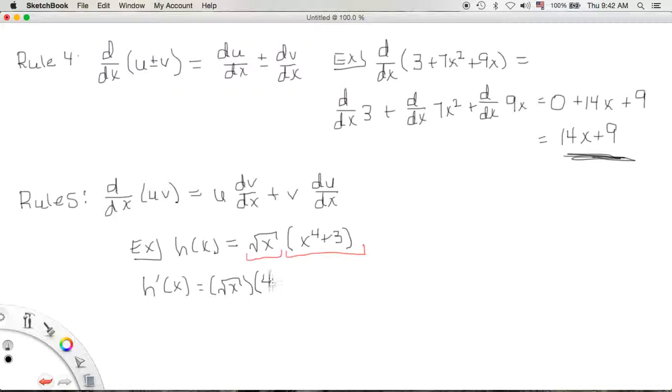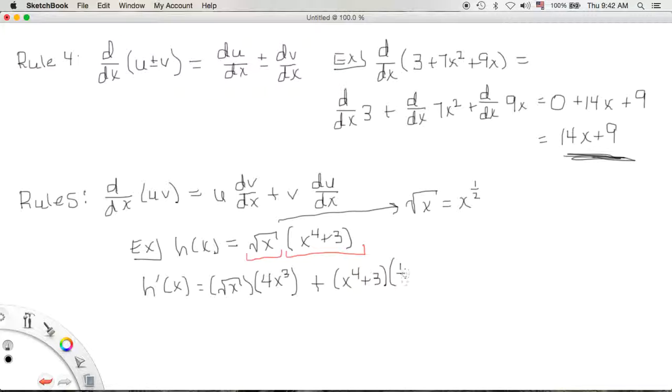So we'll have 4x cubed plus 0, so we don't need that, plus, and then the second times the derivative of the first. Now, how are we going to find the derivative of this? Well, remember, the square root of x equals x to the 1/2 power, so we can use our power rule to find its derivative.